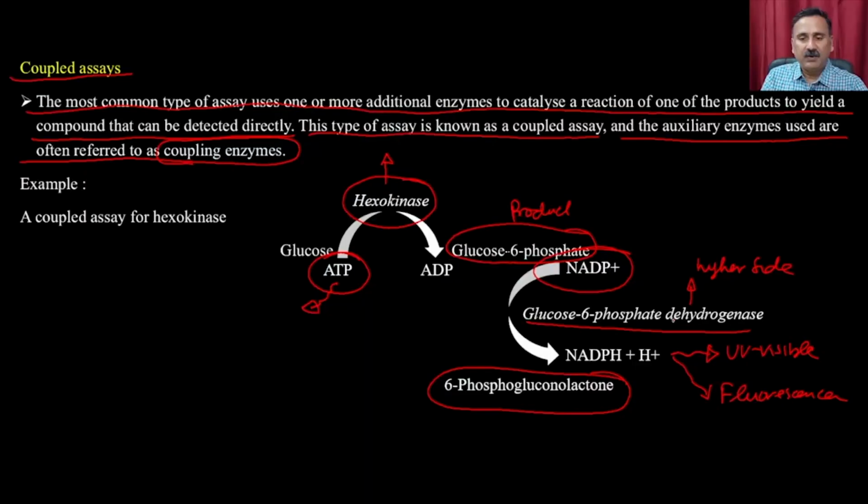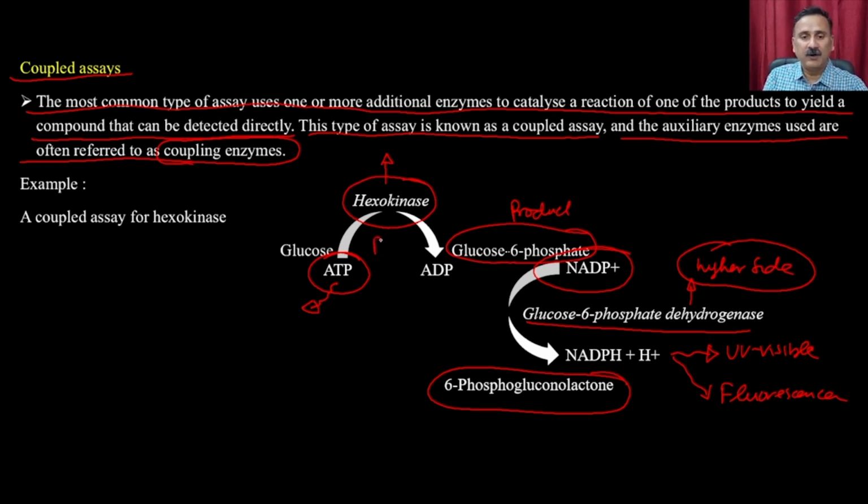So when you develop a coupled assay, the second enzyme, called the coupling enzyme, should have a higher enzymatic activity, so that there is no accumulation of the product from the first reaction.